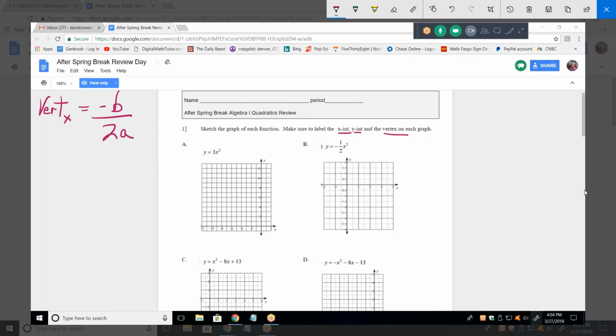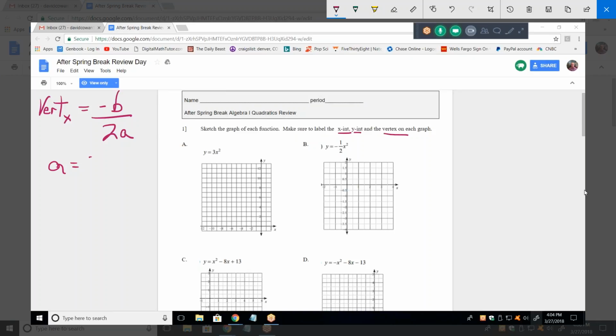Now, do you know what a is and do you know what b is? Let's start with a. What's a? A is 3? Yes. These a, b, and c are always the coefficients. They do not include the variables.